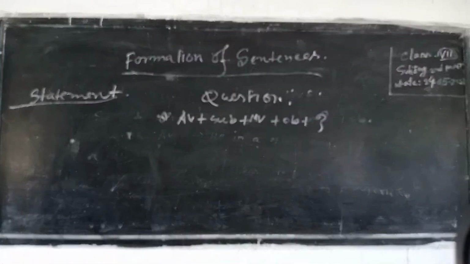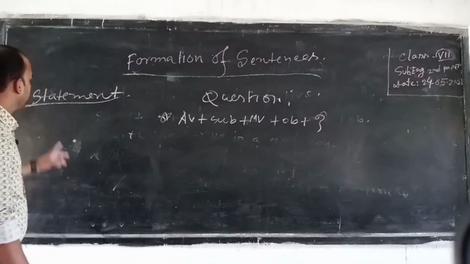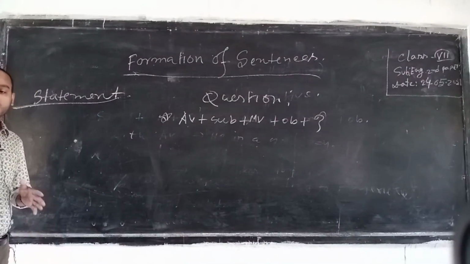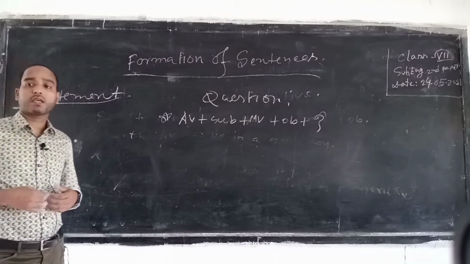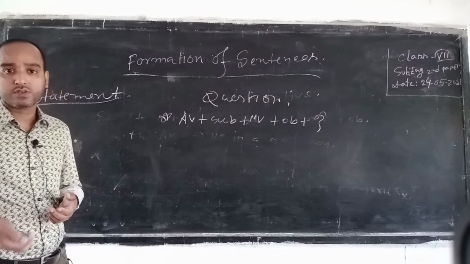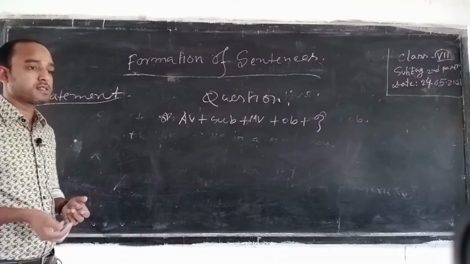Dear learners, remember that if we find a sentence with auxiliary verb, we can change it into interrogative by the inversion of subject and verb.